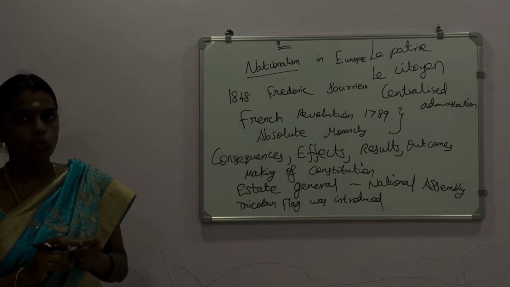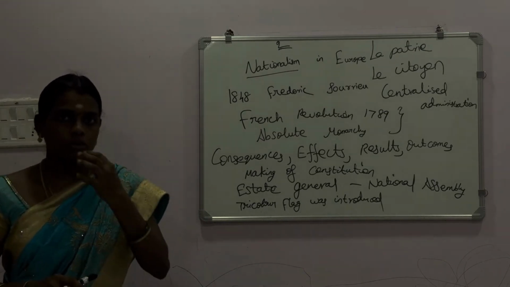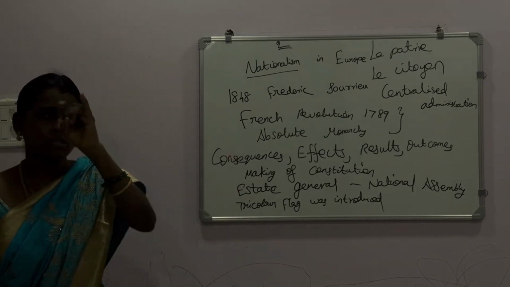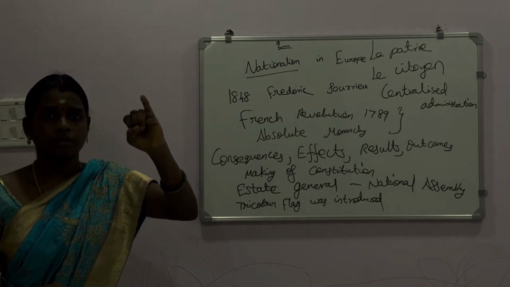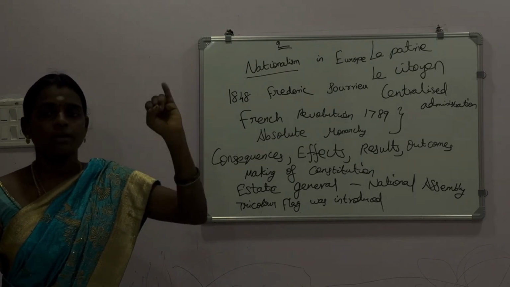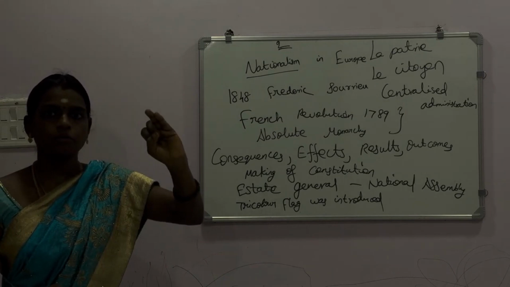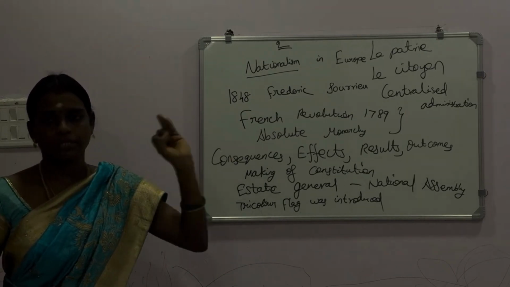One more time, I want to highlight the points I have already given you as the consequences of the French Revolution. First, the tricolor flag was introduced instead of a royal one. Second, the Estates General was elected by the citizens of France, and nowadays it is known as the National Assembly.